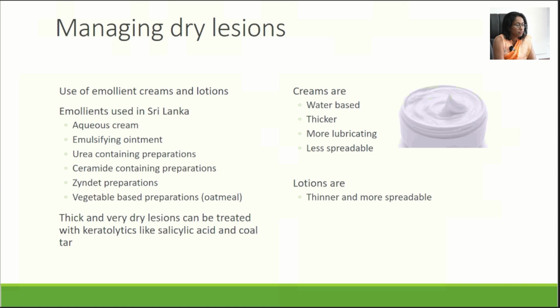Then when we add urea, we actually improve skin hydration, and the addition of urea is also good to treat thicker, more scaly lesions, more scaly skin. And then there are more high-end products like ceramide-containing preparations, Syndet, and vegetable-based preparations like oatmeal or sorbolene.